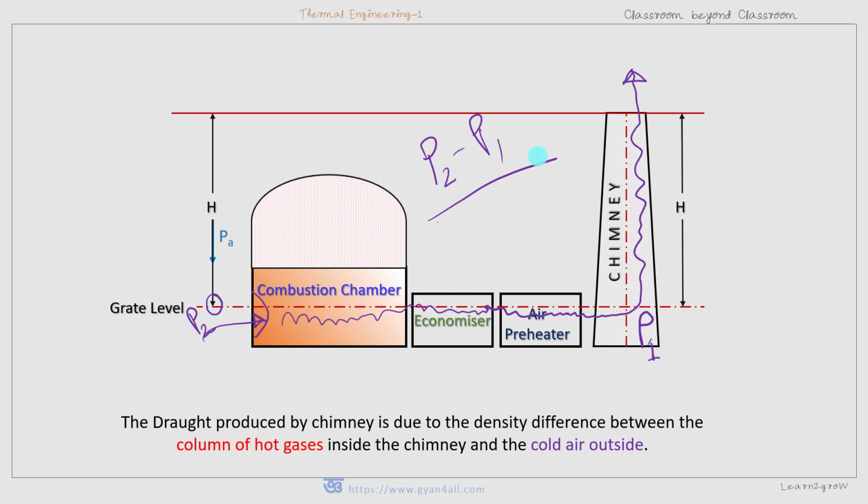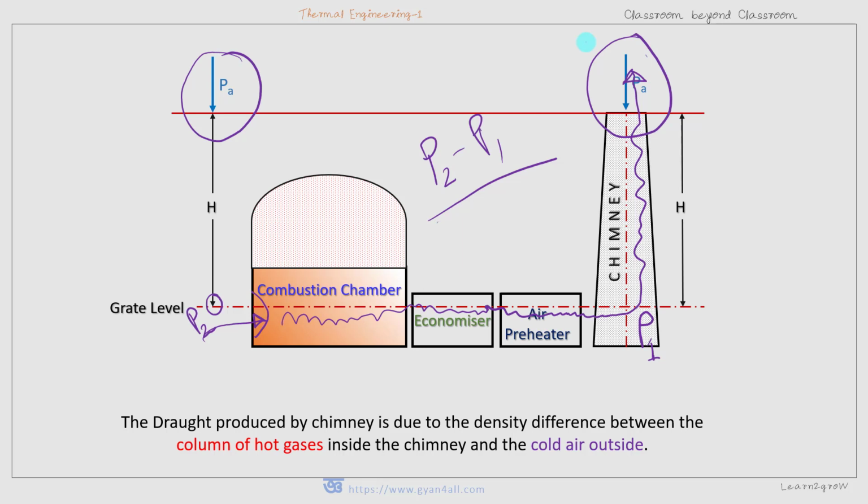Suppose the pressure PA is acting at a height of h, and this pressure PA is the same at the furnace end and also at the chimney end, because above the chimney height it is the same atmosphere.